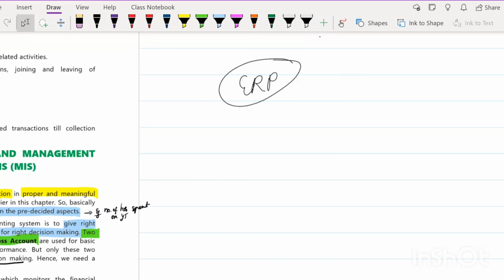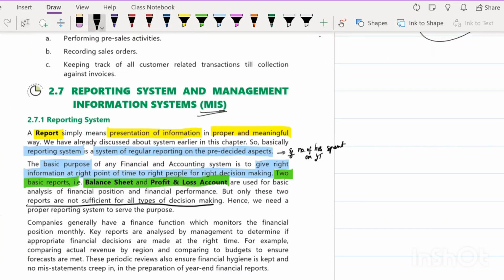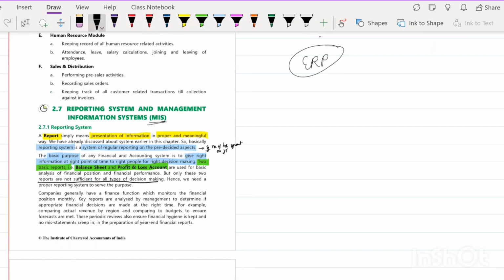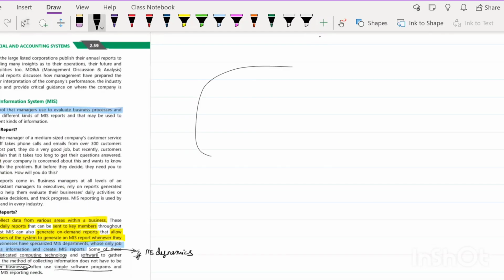So first, today we are going to start with the topic of management information system, reporting systems and management information system. What is a management information system? In a company, you need information or data to take decisions, correct?